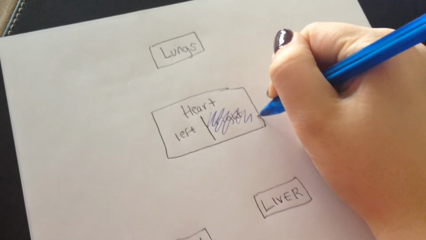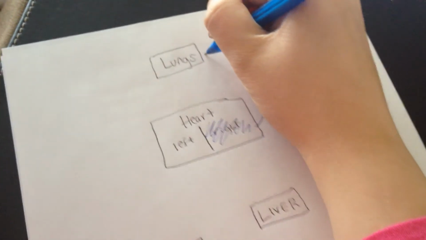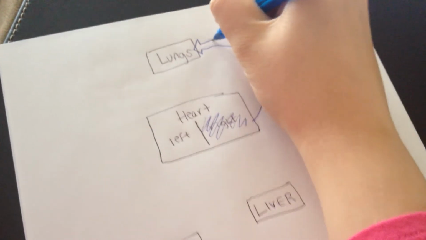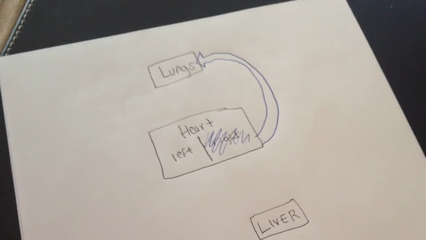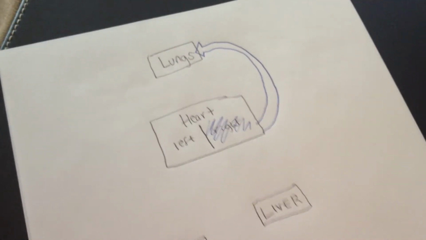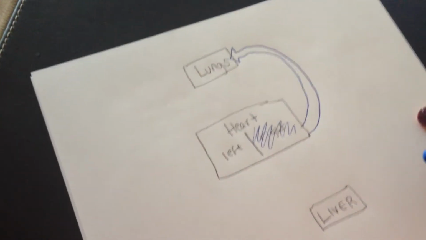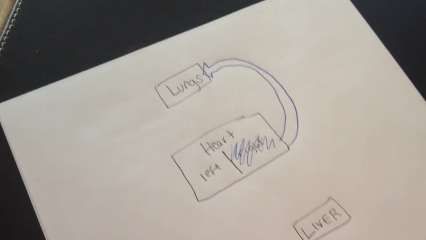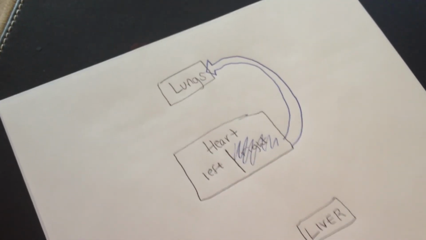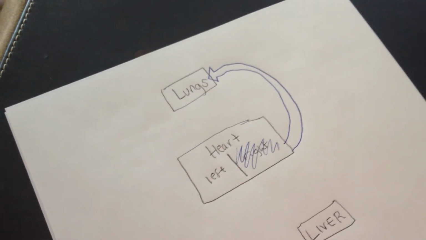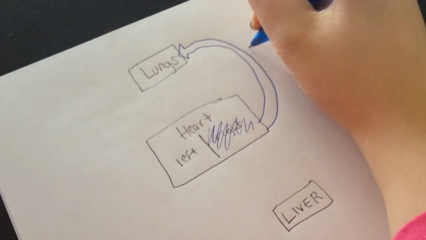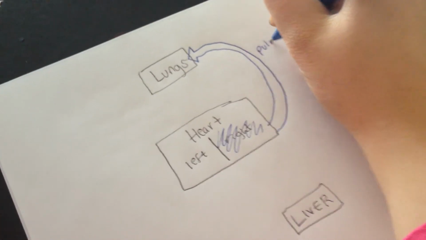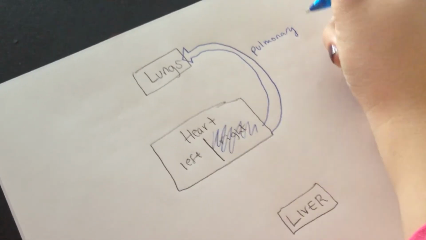So we have blood going from the heart to the lungs, and it's going to be giving the lungs oxygen and taking from the lungs carbon dioxide and other wastes so that that can be sent out through the body. So coming from the heart to the lungs goes through something called a pulmonary artery.